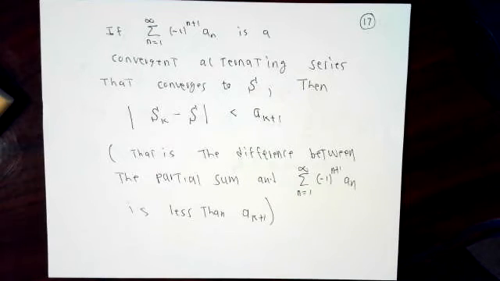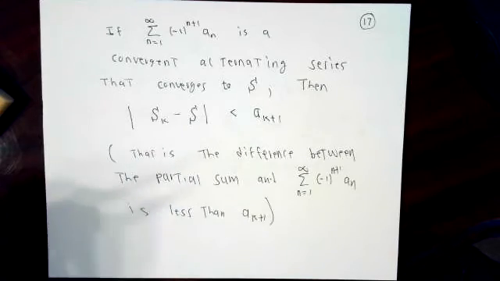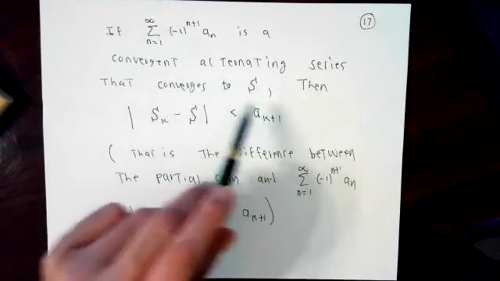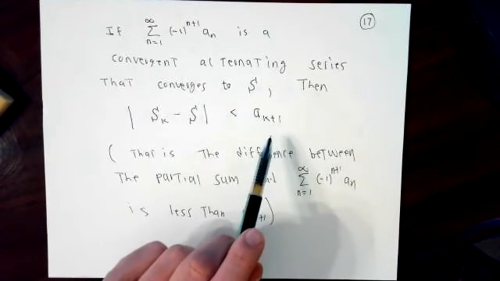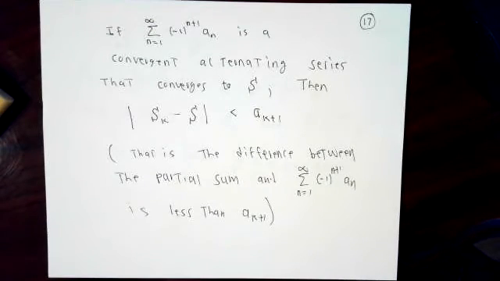So if you have one of these convergent alternating series and you calculate S_k, the difference between S_k and the actual value of the infinite series can't be any bigger than a_{k+1}, the next number that you would have added or subtracted in order to get S_{k+1}. This is going to let me get really easy estimates for how accurate certain calculations are.